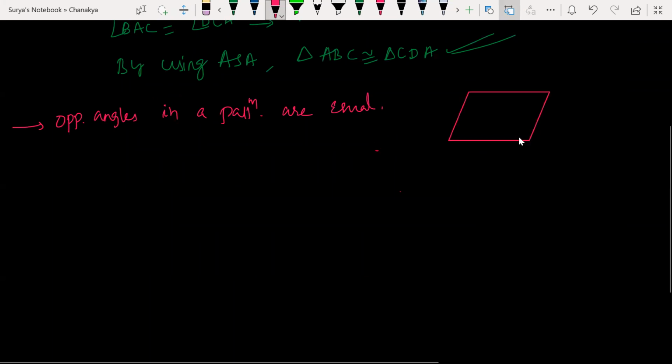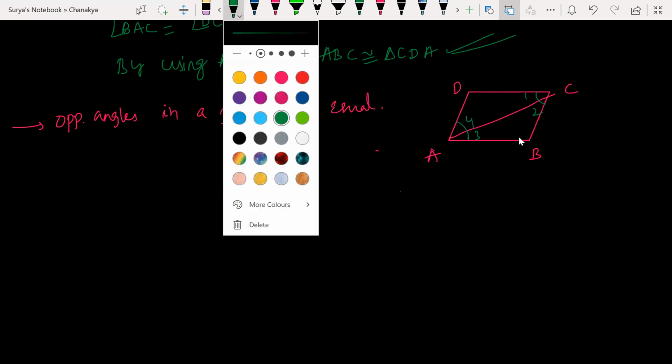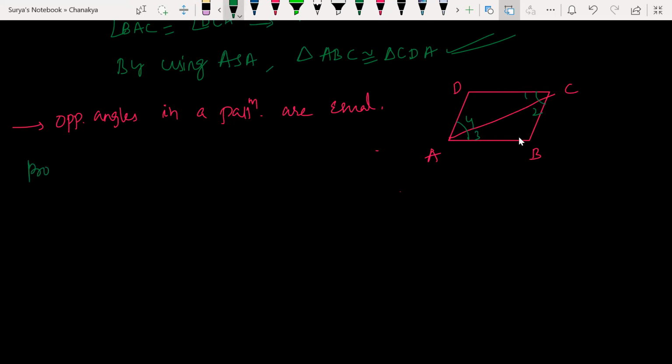Okay, chalo. So again you take the same thing, A, B, C, D. Angles, you take angle 1, angle 2, angle 3, angle 4. So I have 4 angles here. From this parallelogram, AB is parallel to CD, I know that.